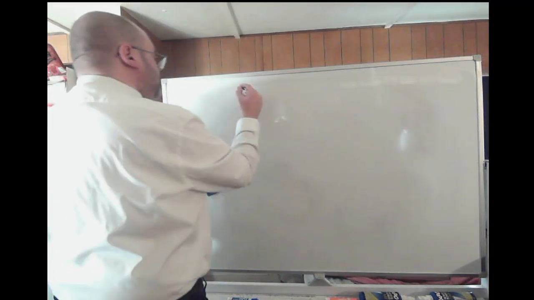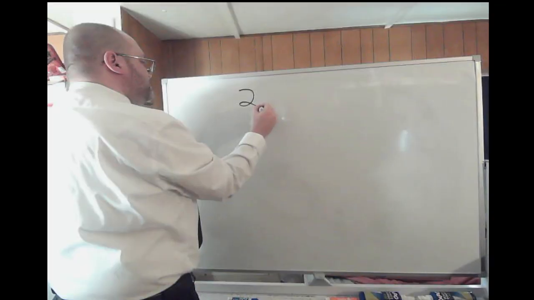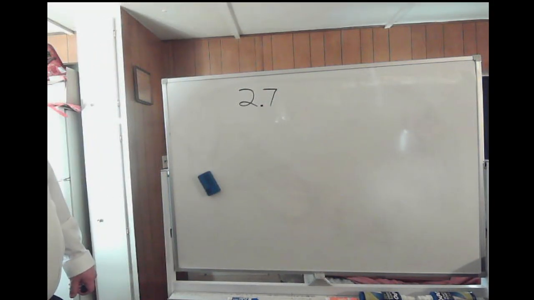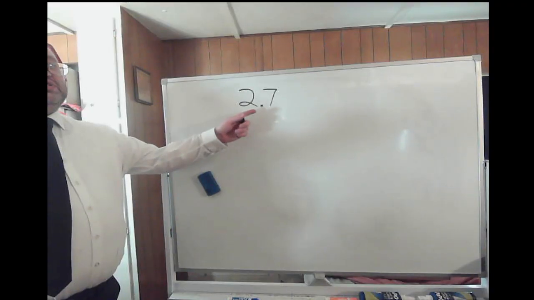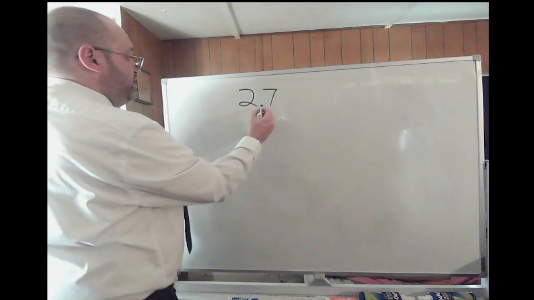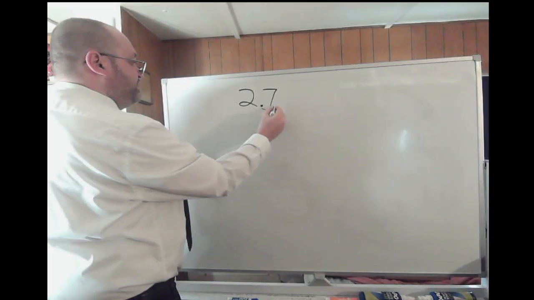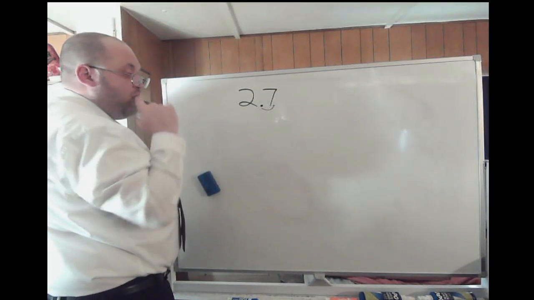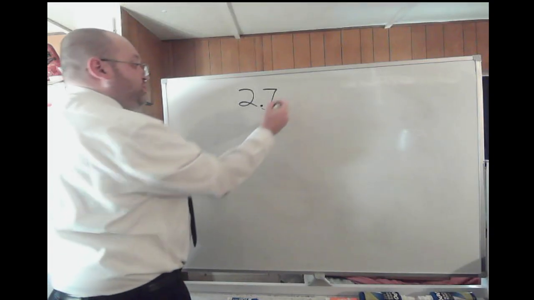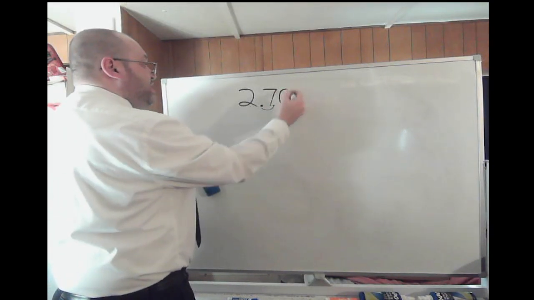I've got 3 more, and then we're done for the day. Now this one here is interesting. We have 2.7. Well, in order to make this into a percent, we need to move 2 decimal places to the right. So let's start. We move 1 decimal place to the right. We have 27. Well, we need to move 2 decimal places, so we need to tack on a 0 at the end of that.